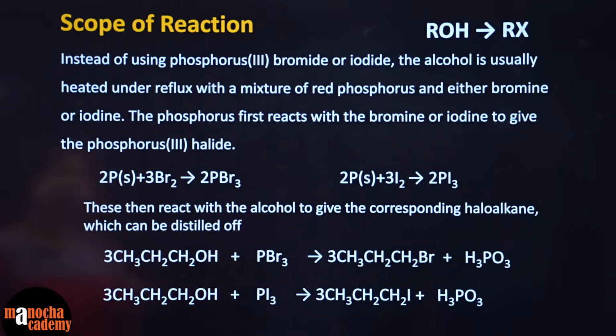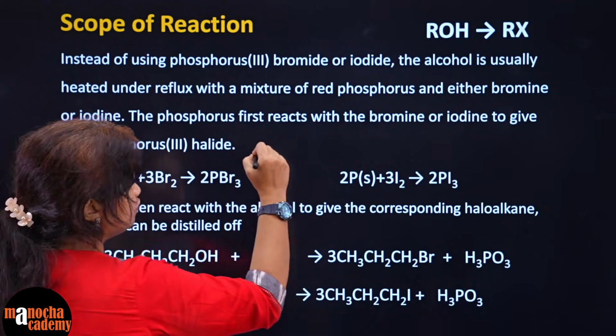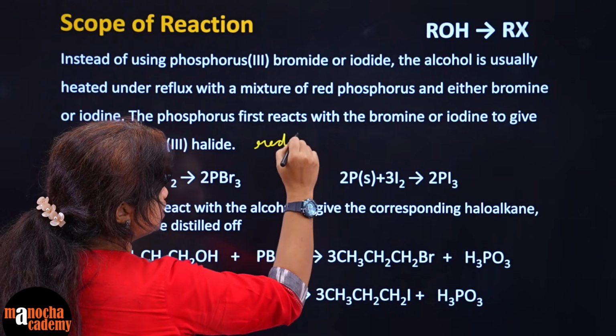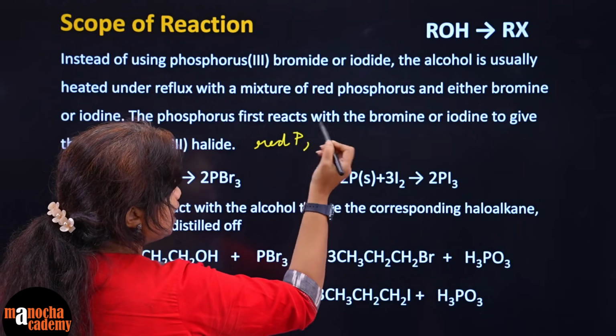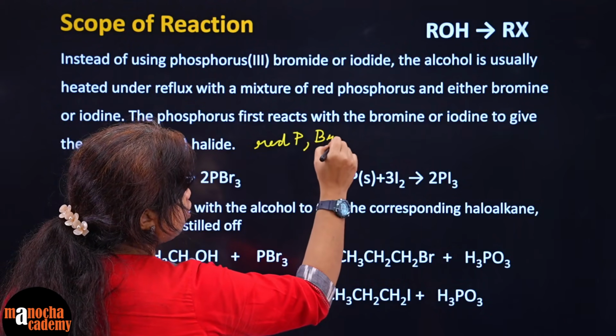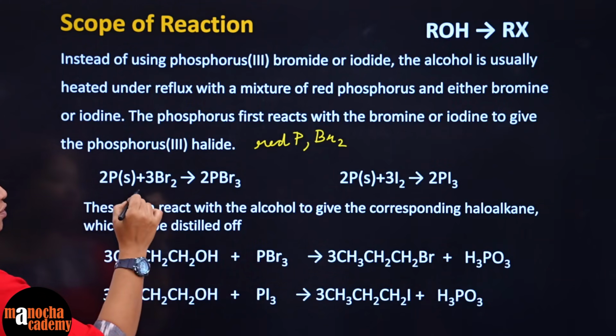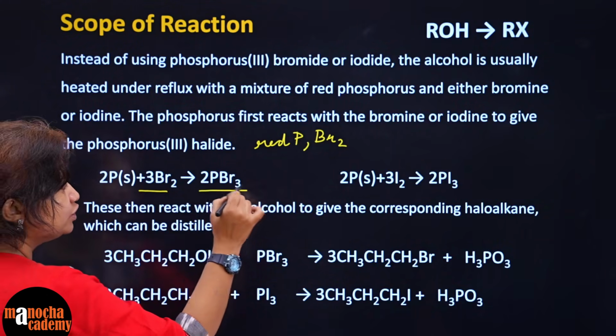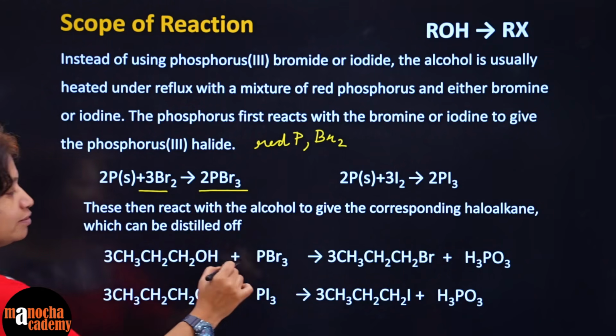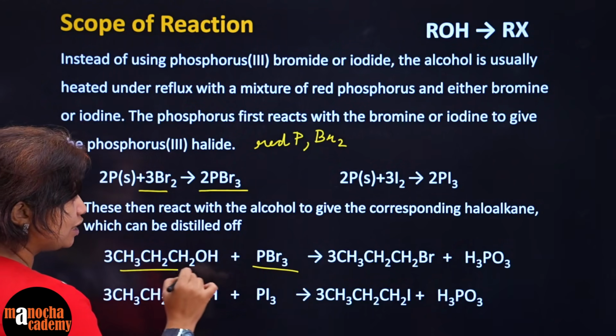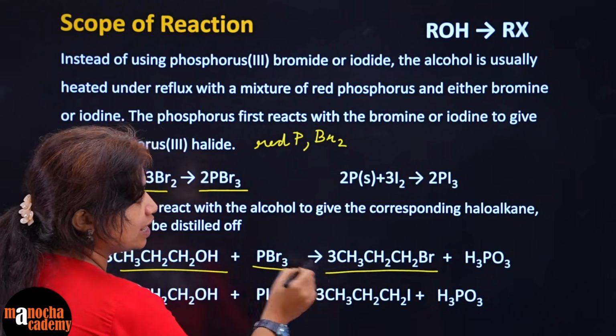Next, okay, more things we have. What if we are adding, as I told you in one of the reactions, red phosphorus with a halogen like Br2 or I2? Actually, red phosphorus reacts with bromine to give us PBr3. Then that PBr3 reacts with the alcohol to give you the corresponding alkyl halide.